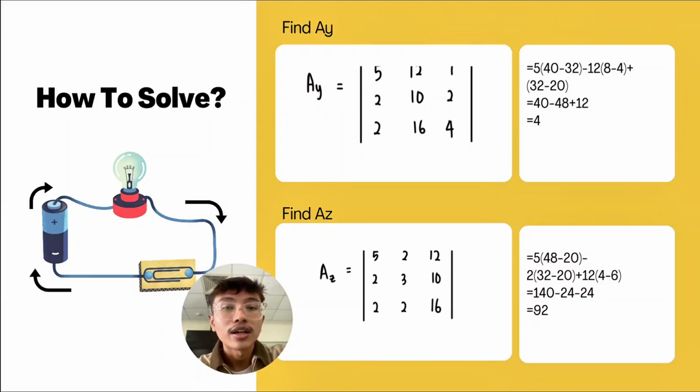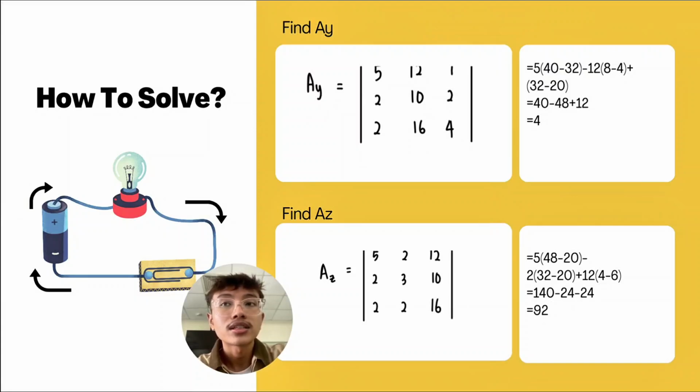Then we get 40 minus 48 plus 12, and the answer for Ay is 4. And then the last one we need to get is Az.